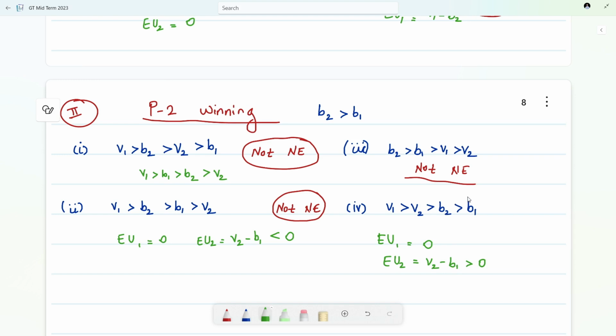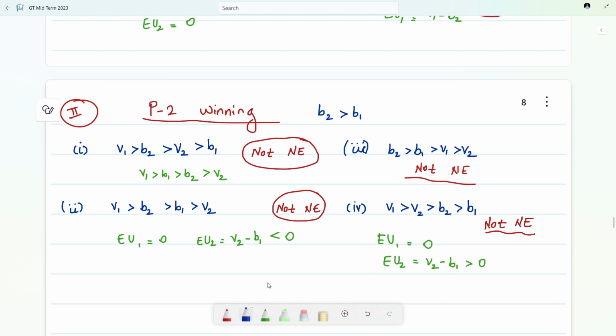Player 1 can simply bid higher than V2 and less than V1 and increase its payoff from 0 to some positive number. Hence, this is also not a Nash equilibrium because there exists a profitable deviation, right? He is simply bidding higher than V2 but less than V1.